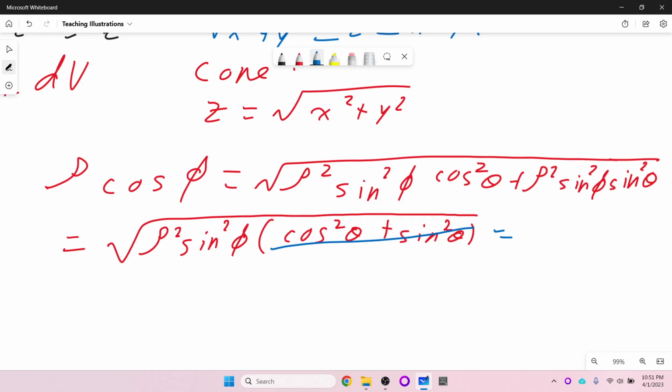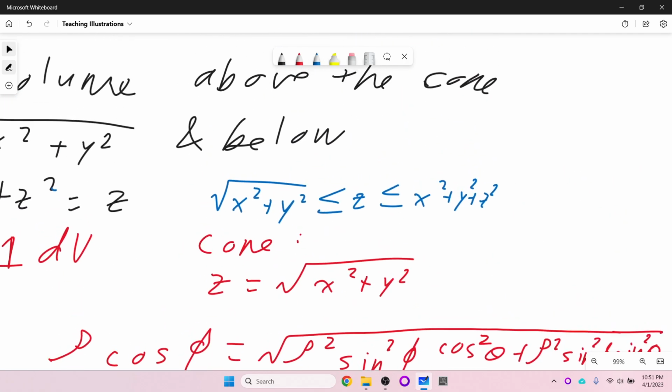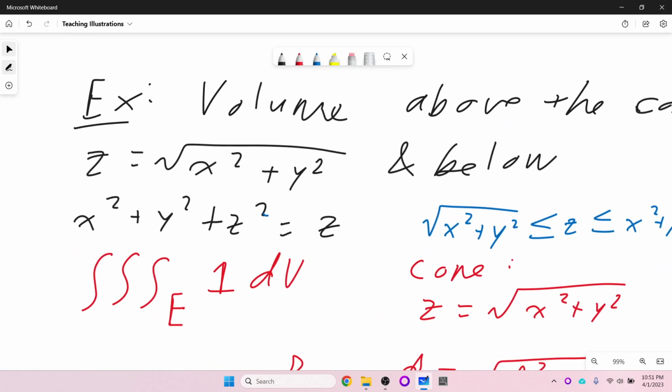So we just have a square root of a square, which would make it rho sine phi. Technically, there's an absolute value in there, but we're insisting rho be positive anyway, and so I don't think we need to worry about that. Sine phi being negative would mean the cone would be below the xy plane, but just from the way it's described, we're saying we're above the cone, and that cone is positive.